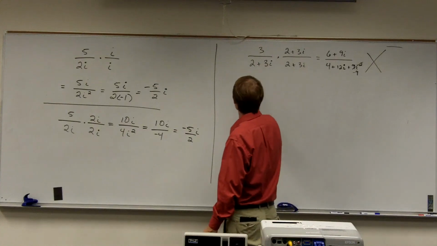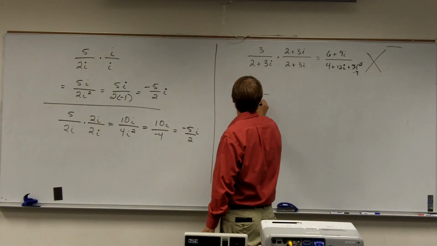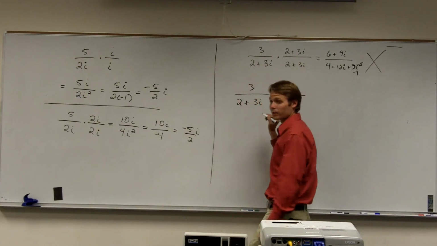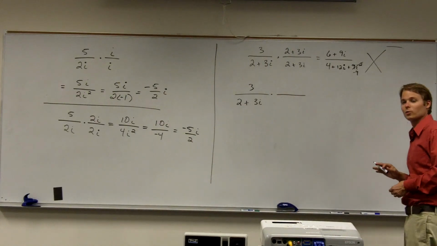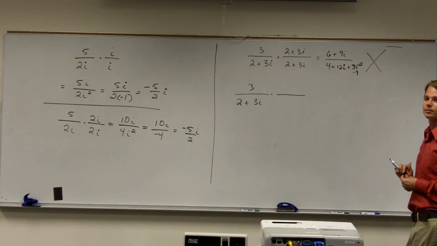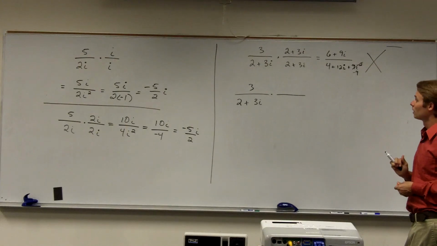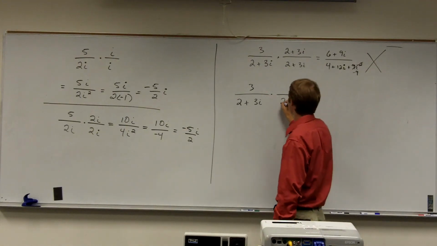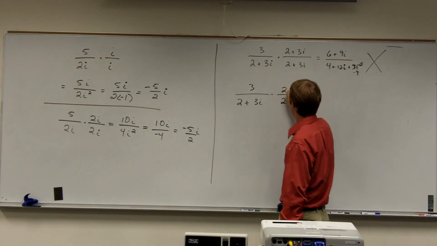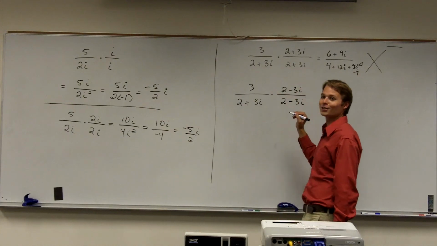Any other ideas? There's something we did last week that was helpful with the radicals. Remember that? 2 minus 3i, which is the conjugate, right? There you go.